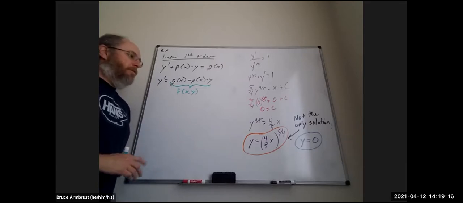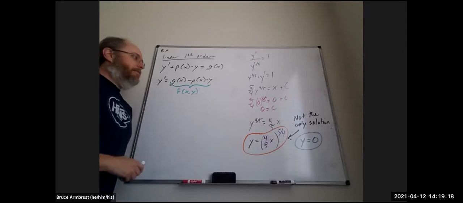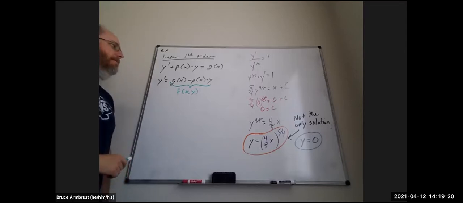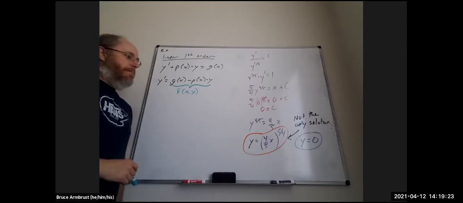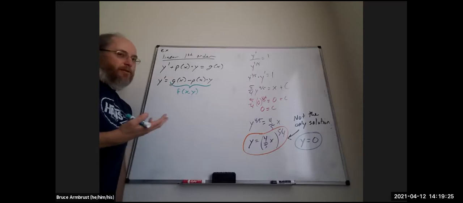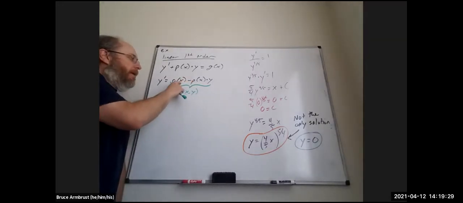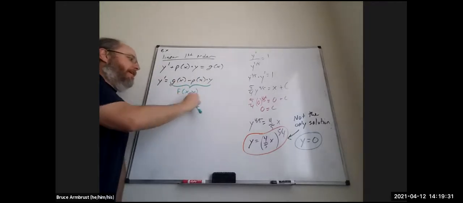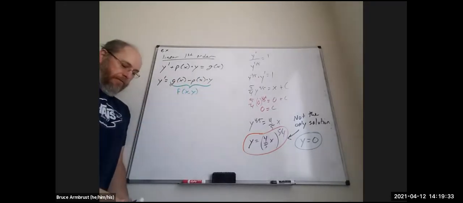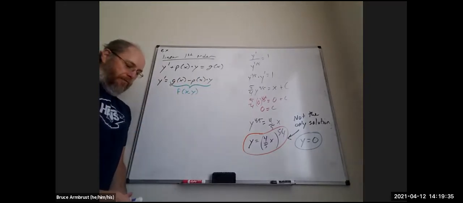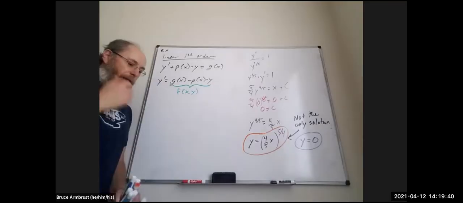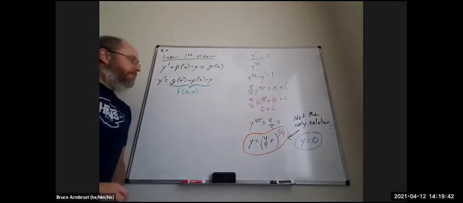Okay, so let's think about this in terms of continuity. Where are we going to have problems with continuity with this f of x, y? Doesn't that really just depend on what those functions that make up f of x, y are?